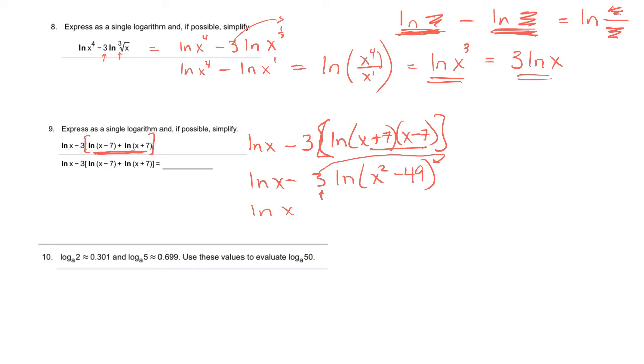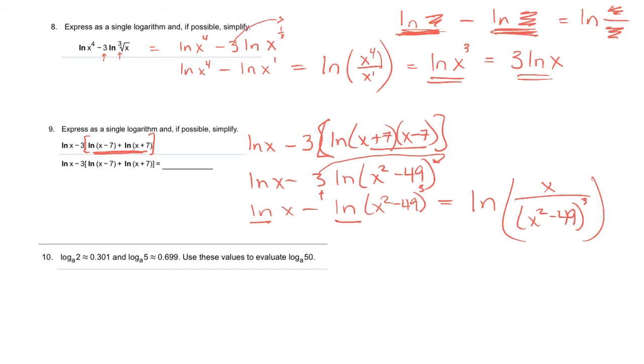So this would be ln of x minus the ln of x squared minus 49 cubed. Now, because it's ln of something minus ln of something, I can use my quotient law. So x would be on the numerator, and x squared minus 49 cubed would be on the denominator.